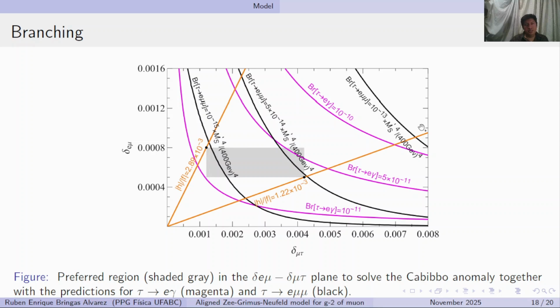Okay, additionally, to solve g-2, generate neutrino masses, respect all the branching ratios, and have consistency with the Cabibbo anomaly angle, we are able to solve the W mass deviation found at CDF.